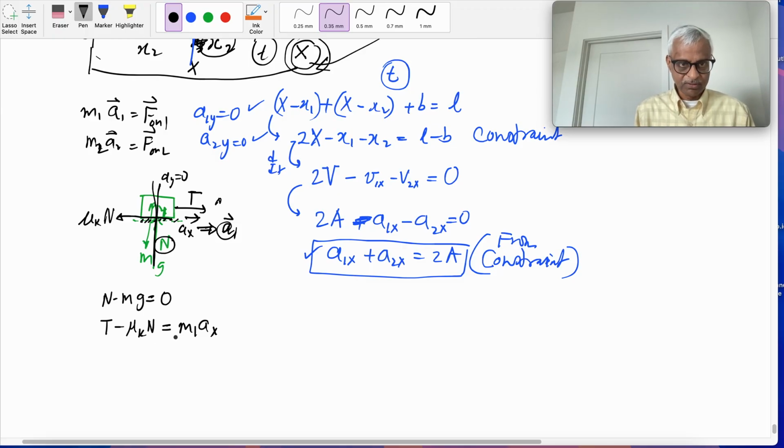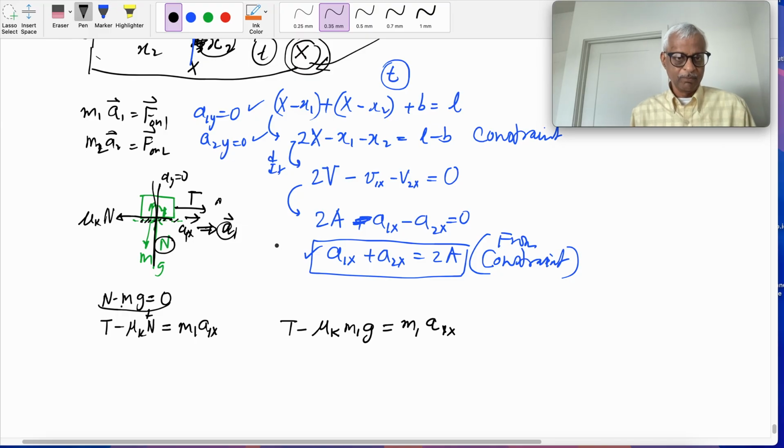Of course you can plug N from here, and so have T minus mu k m1 g is m1 a1x. Let's keep calling it a1x, because there will be an acceleration 2, right?